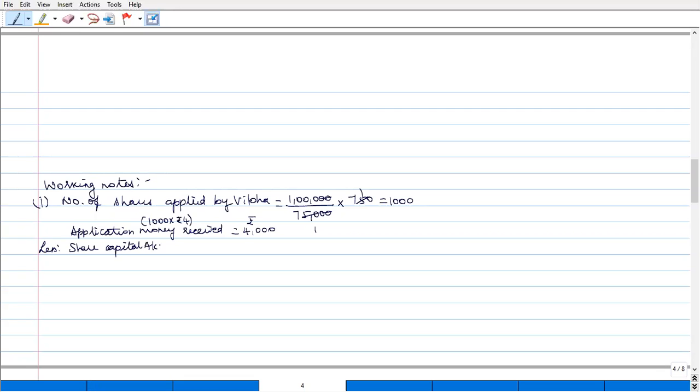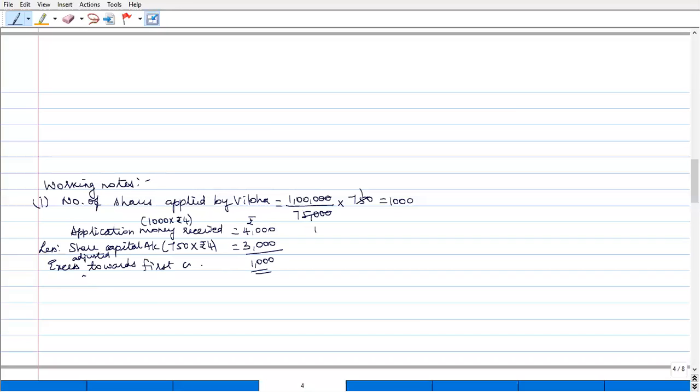Okay, here we have allotted her only 750 shares, right? So only that amount, that is 3,000, would have been transferred to share capital. Now how much is the excess amount? The excess amount is adjusted towards first call.